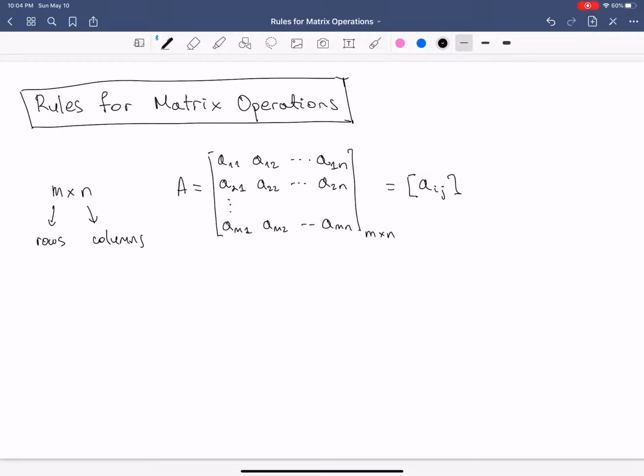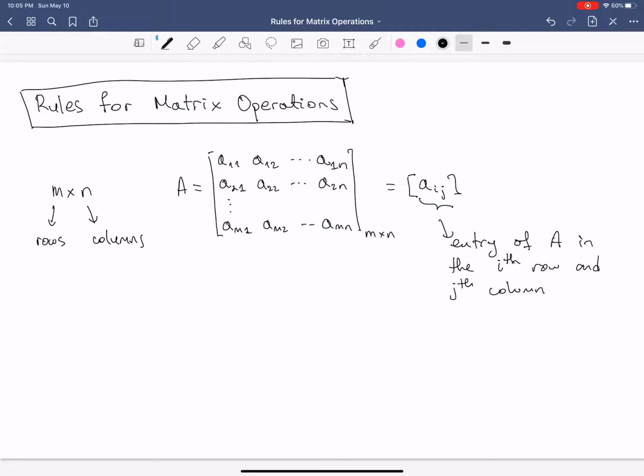So we refer to Aij as the entries of A, or rather Aij is the entry of A, which is in the ith row and jth column.